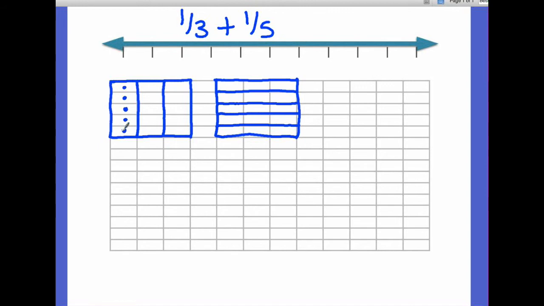How many fifths do I have? Okay, I have 1/5. So remember, this is 1, 2, 3, 4, 5. How many of all those strips combined do I have? I'll show you. It's gonna look like this, remember?